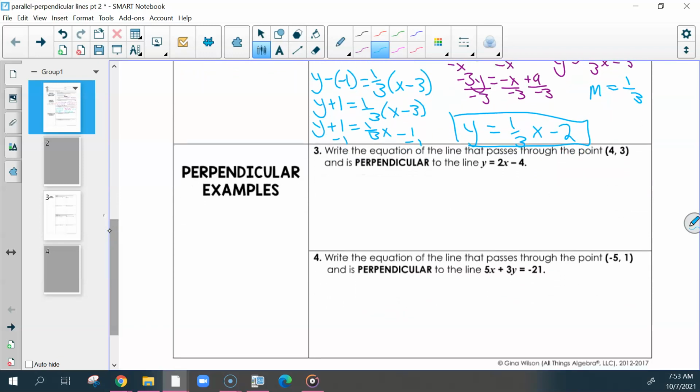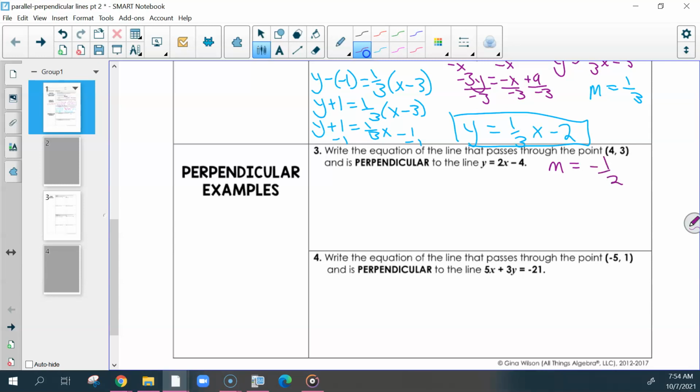So the concept is really the same for perpendicular, but it's a little different. Because with perpendicular lines, the slopes have to be negative reciprocals, so before you do anything, you have to think of what would the negative reciprocal slope of this be. Negative 1/2.